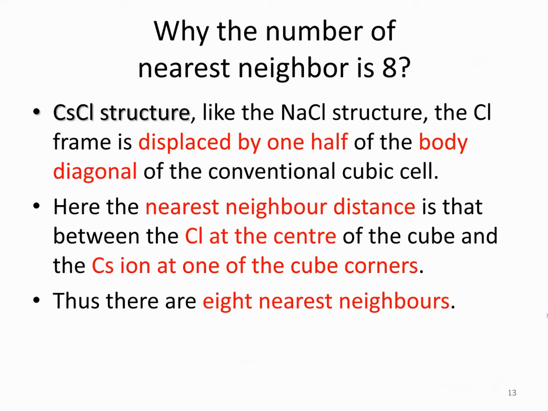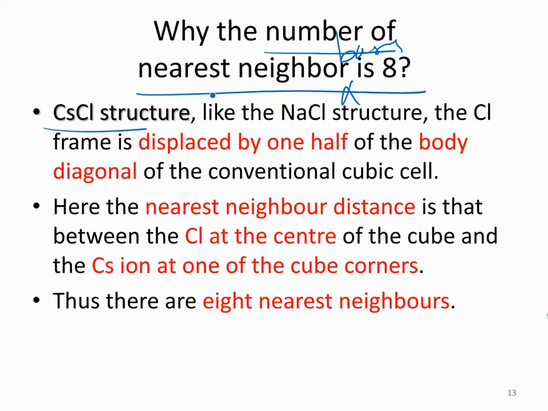Then the next question, why is the number of nearest neighbors 8? When I ask about the number of nearest neighbors, it could be different types of atoms, but for nearest neighbor in a basis, it should be the same type of atom.